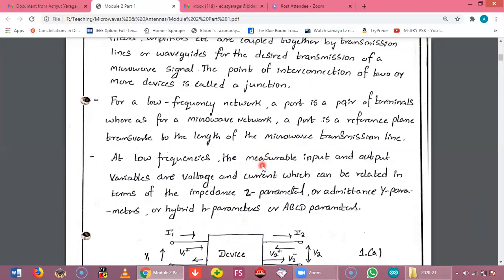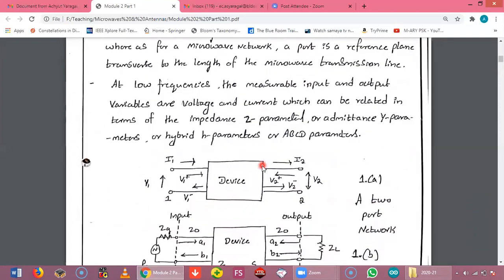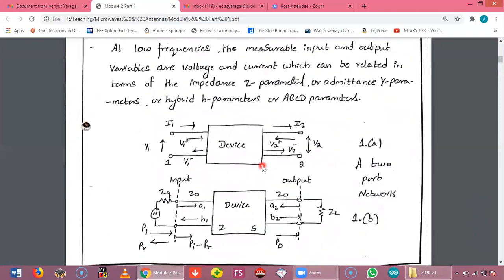Further, let us understand what exactly a microwave network is in theory. We have something called a two-port network. In the PDF, in the first diagram, you can see one device, a square one. At port 1, we have an input voltage and input current.